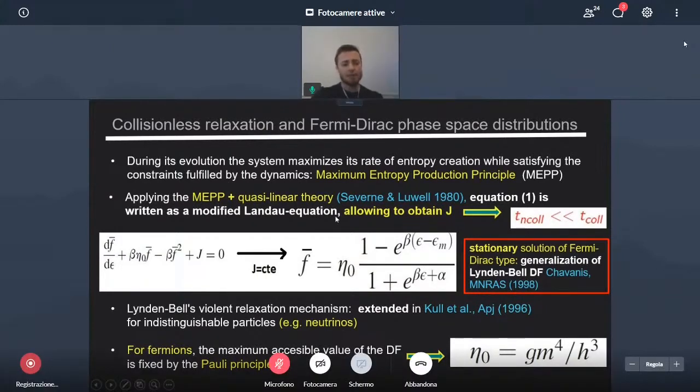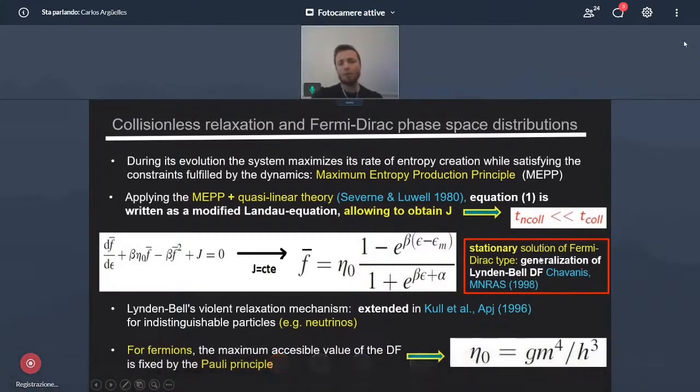Therefore, applying this maximum entropy production principle plus quasi-linear theory, developed in the 80s, equation 1, so this one here, can be rewritten as a modified Landau equation. This one here you see on the left, which for the case of stationarity, so when entropy has already been maximized and you have no time dependence now, allows you to obtain the current, and for an assumption of constant current, you can finally have a stationary solution for the coarse-grained phase space density at relaxation.